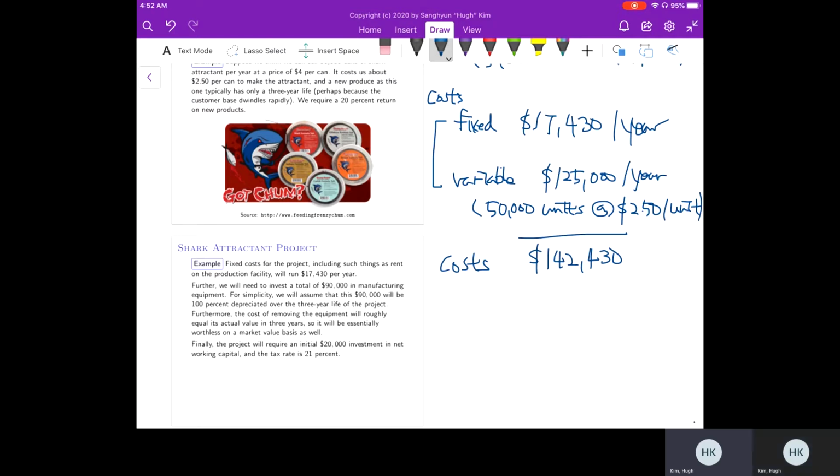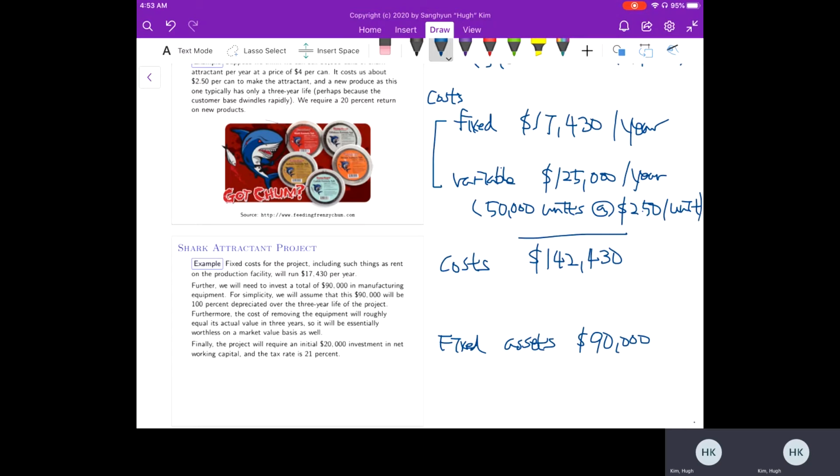So we're going to buy fixed assets, which cost $90,000. We're going to depreciate this asset to 0 over 3 years on a straight line basis.